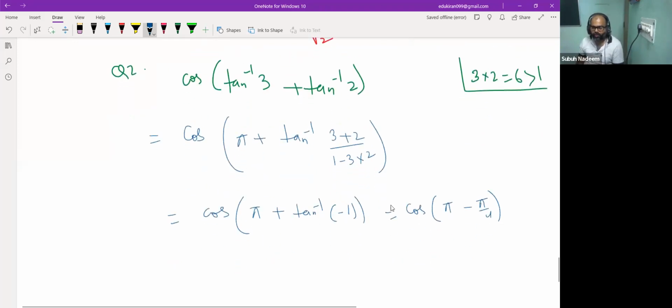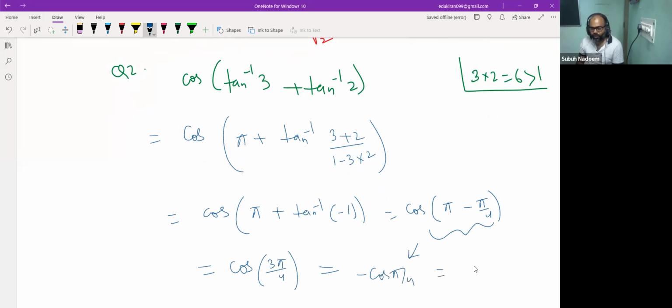So in that region, minus pi by 4 is the angle where we get tan as minus 1. So this is cos of 3 pi by 4, which is in the second quadrant, or you can directly write it as minus cos pi by 4, and this will be minus 1 by root 2. So this will be your answer.